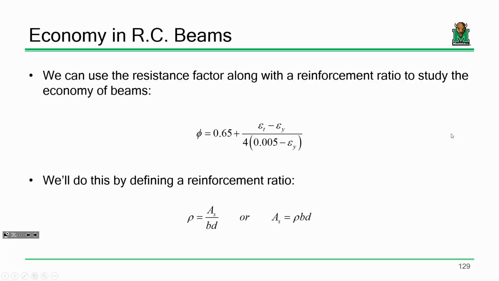So we started off looking at our resistance factor, and then I introduced this term called a reinforcement ratio, which is a nice tool for design, because given the assumed or appropriate dimensions of this beam, or an assumed reinforcement ratio, that is the seed upon which we can design the remainder of the beam.